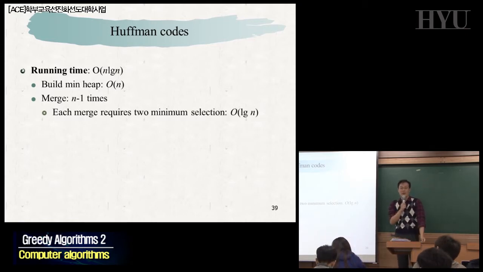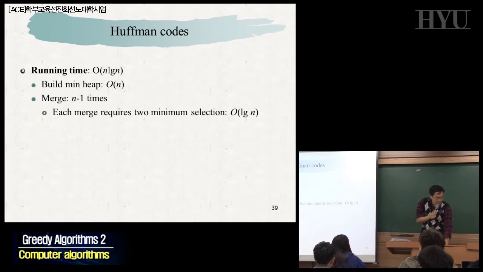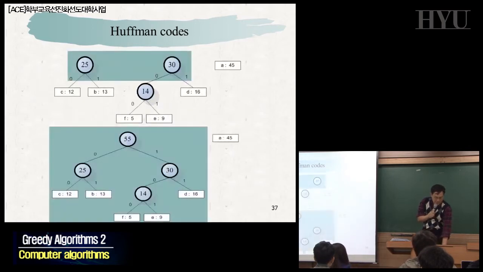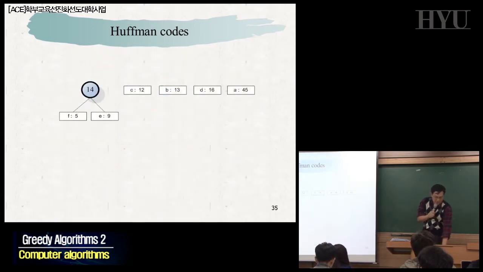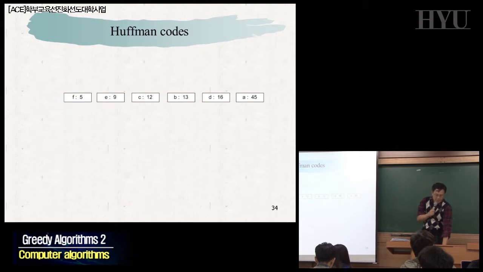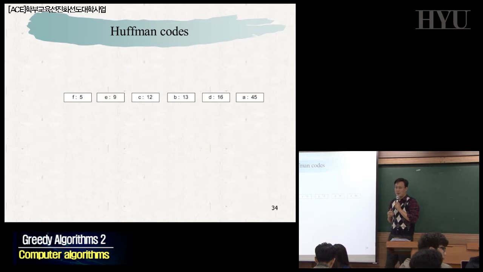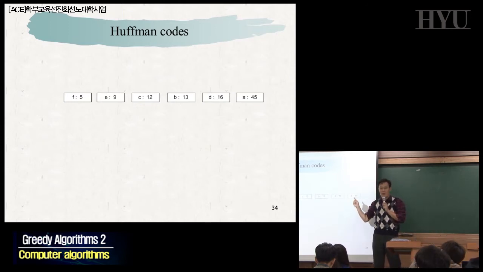Let's think about the naive algorithm first. First, we have to find the smallest number in this array. So what is the running time to find the smallest number in this array?